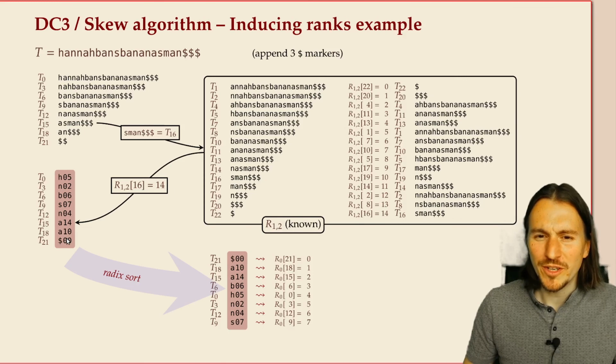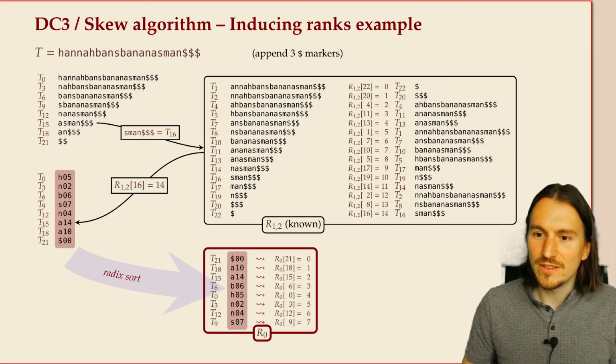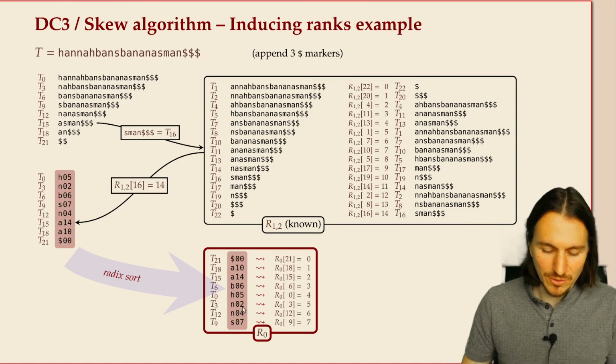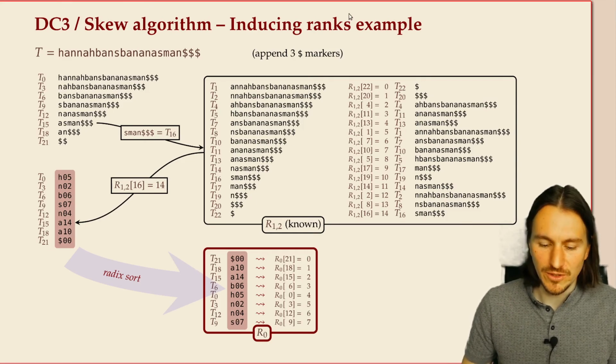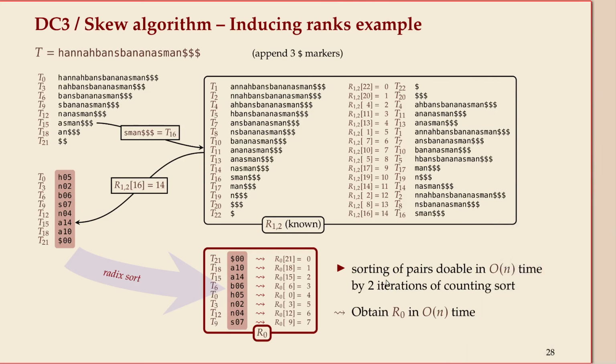And the second component is a number that's bounded by n, and this we already know how to sort using counting sort. So that's this result here. We can sort these pairs in linear time by 2 iterations of counting sort. First sort by the second component and then stably by the first. That's how you would usually do this.